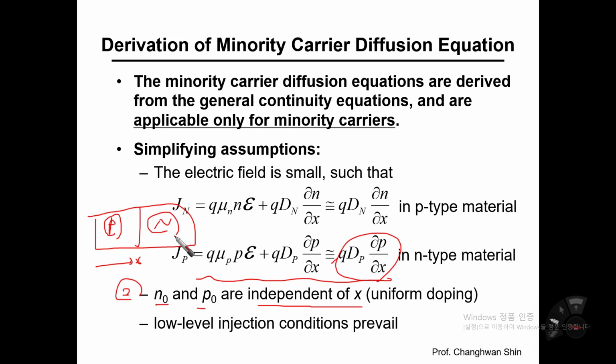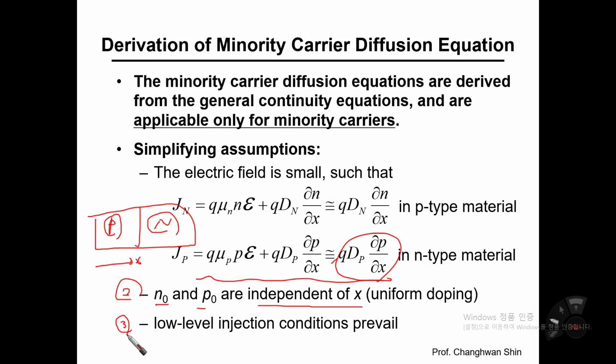To obtain the constant electron and hole concentration, we need to fabricate uniformly doped p-type and n-type silicon material.